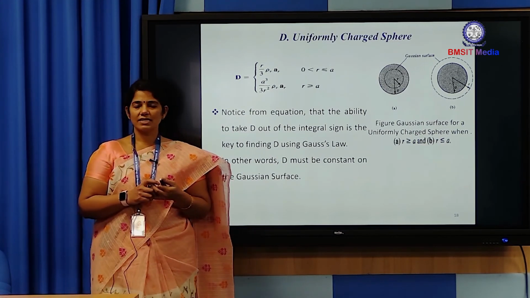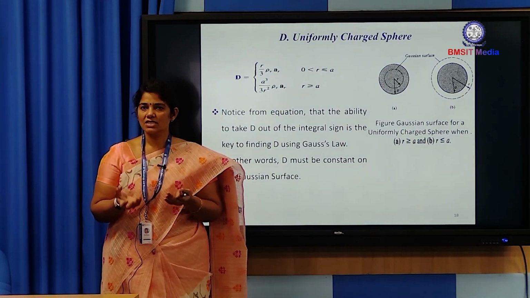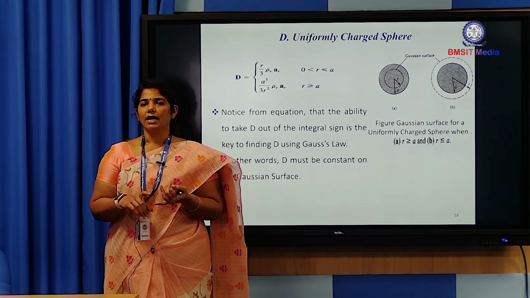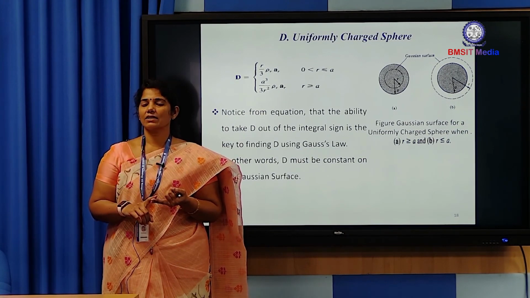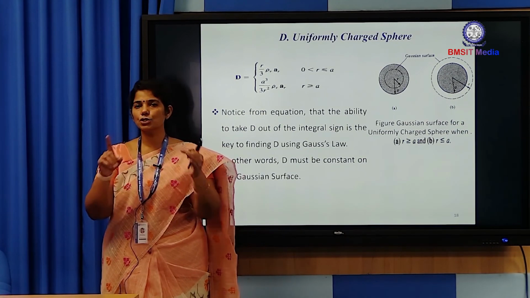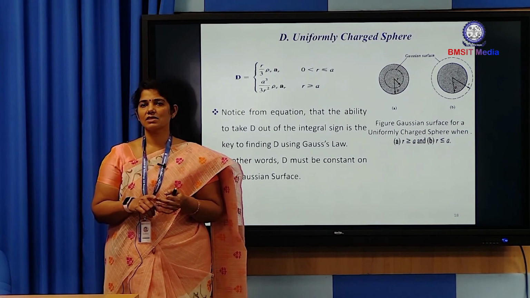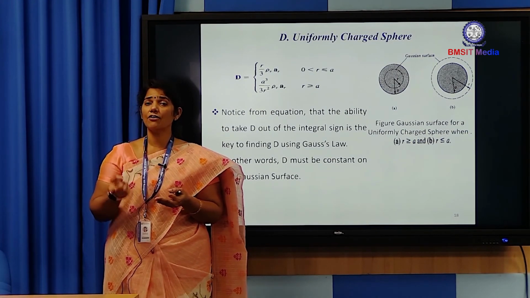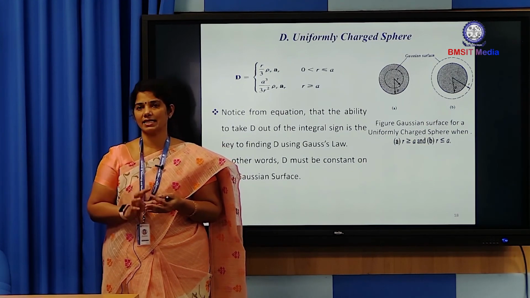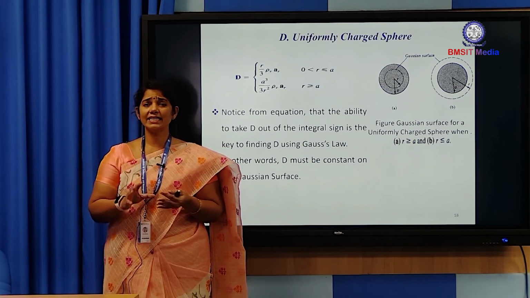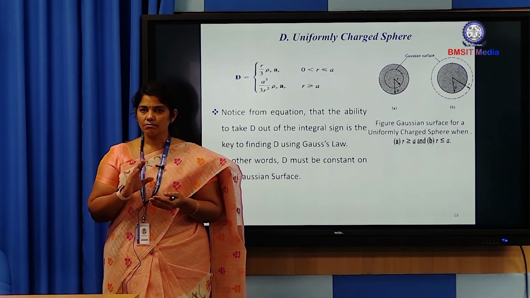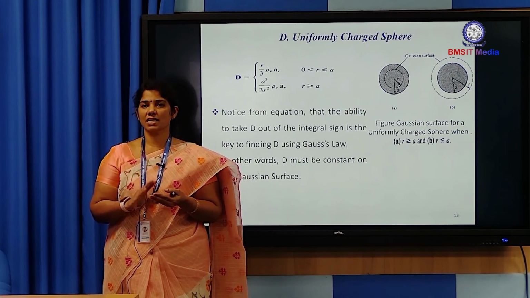So, in today's lecture we have discussed what Gauss law is, and we took an example of two closed surfaces to show how the Gauss law holds. At the same time, when we apply Gauss law, it should maintain the symmetric condition.